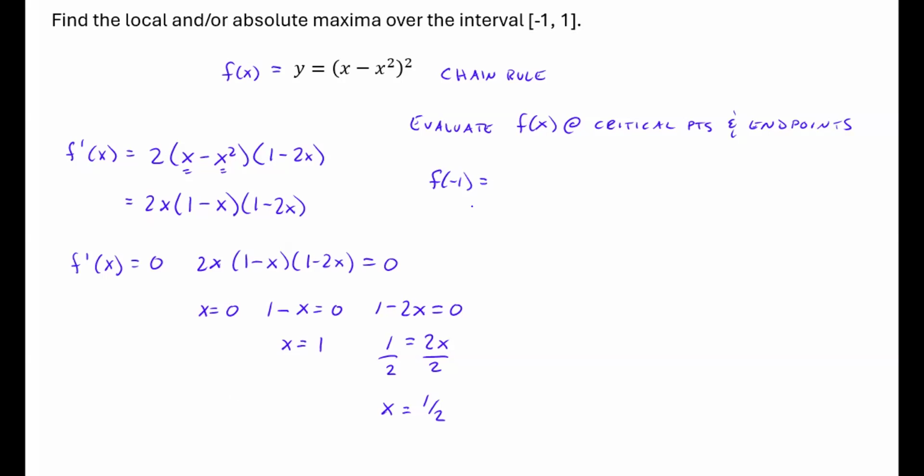And be careful when you're plugging in your values here. Make sure you are squaring terms appropriately. So this will give us -1 minus (-1) squared, that whole quantity will be squared. (-1) squared will be a +1. We'll get -1 minus 1 inside the set of parentheses, which will give us a -2. That whole quantity will be squared, which will give us 4.